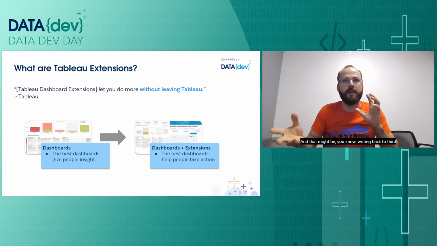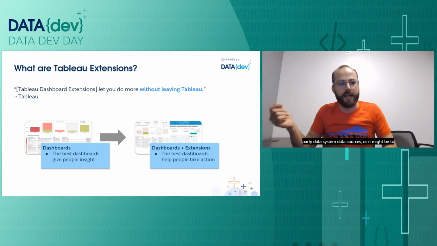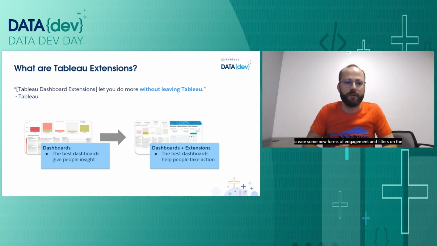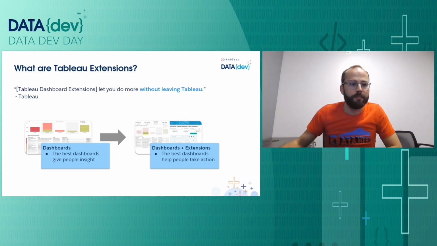That might be writing back to third-party data sources, or creating some new forms of engagement and filters on the dashboard. And so really, it's just a way to open up Tableau in all sorts of new ways. And I'm pretty excited to share the supply chain example today.